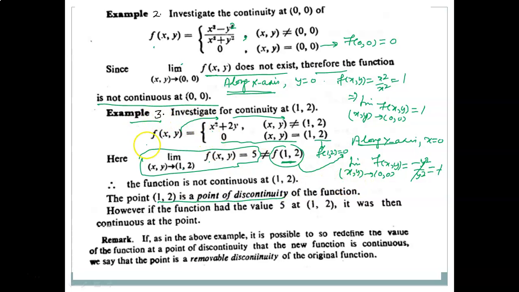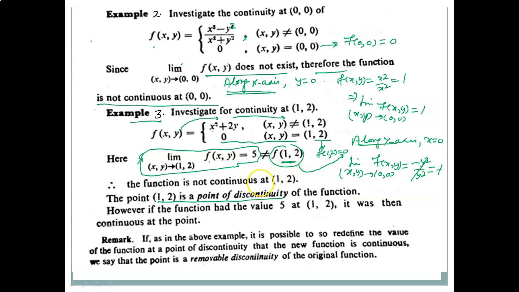But now this function is of a special type. If in place of 0 here we substitute 5, we redefine this function, and in place of 0 we write 5, then what will happen? Then the limit of this is equal to 5 and f(1,2) is also 5.